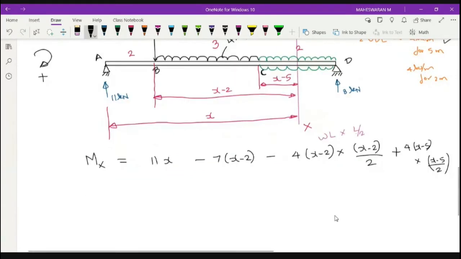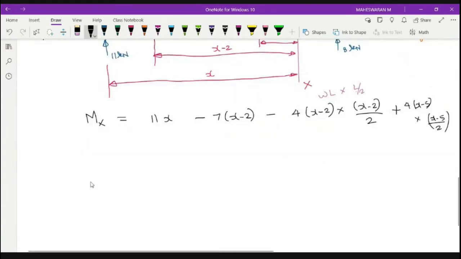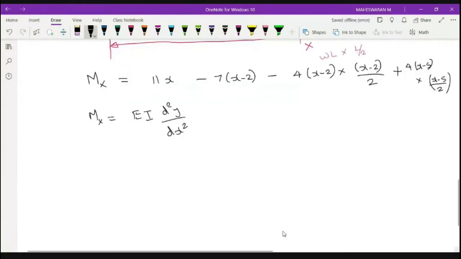Right? Okay. So now I will rewrite this. We know that the moment at any point x is EI d square y by dx square. So let me relate this.